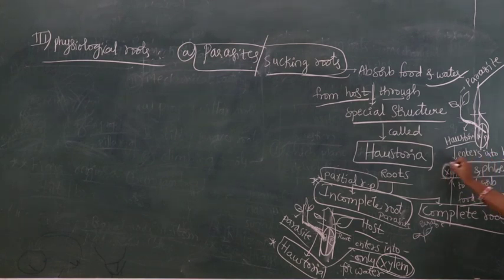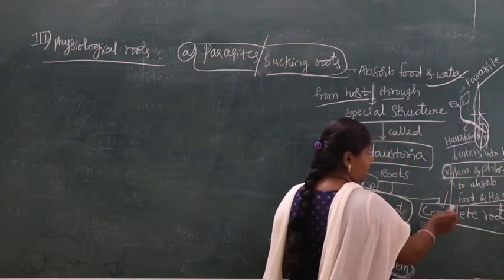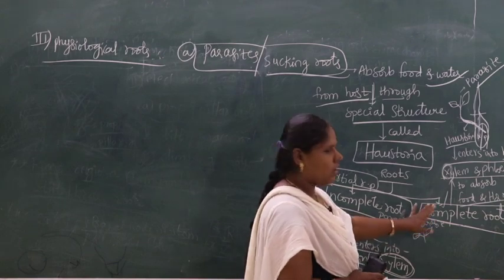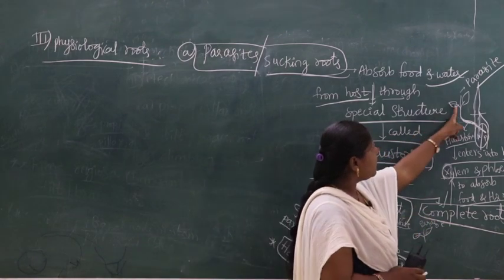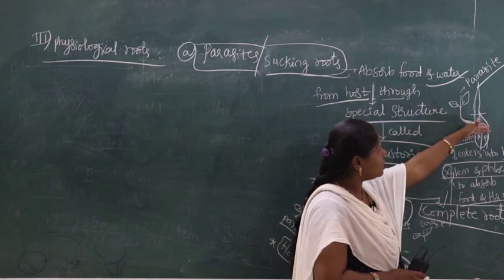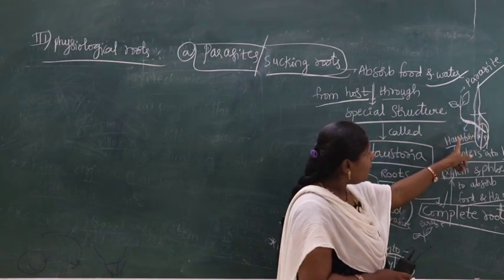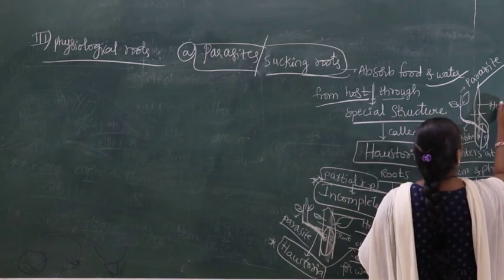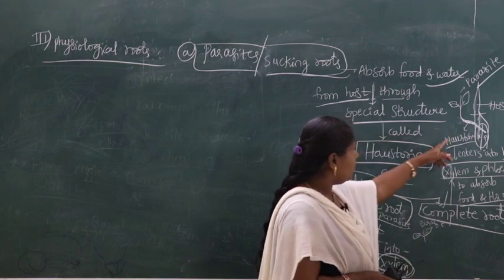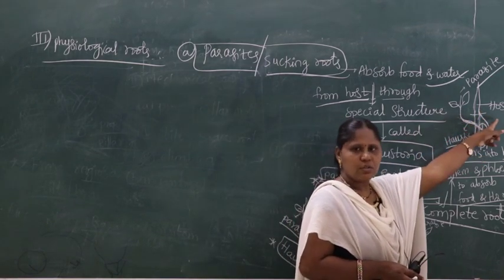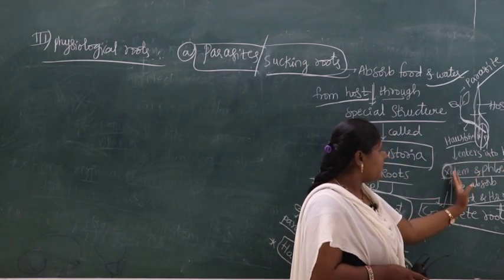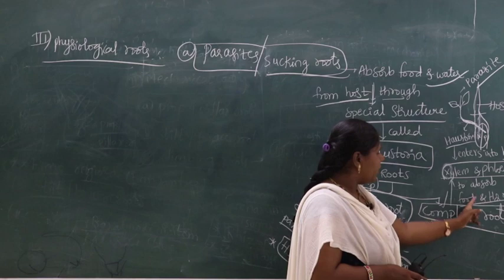So this is important. That's why it's called complete root parasite. Why are they called complete roots? I repeat again. Here the parasitic plant enters with the special structure called haustoria. Haustoria enters into both xylem and phloem of the host plant, to absorb food and water.